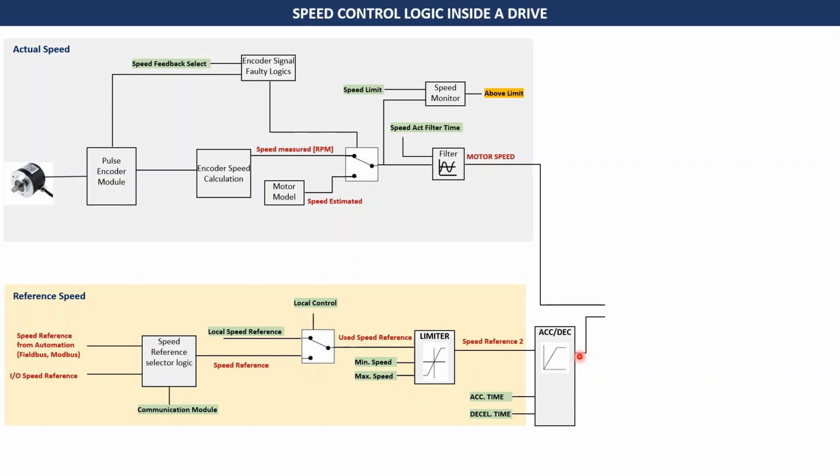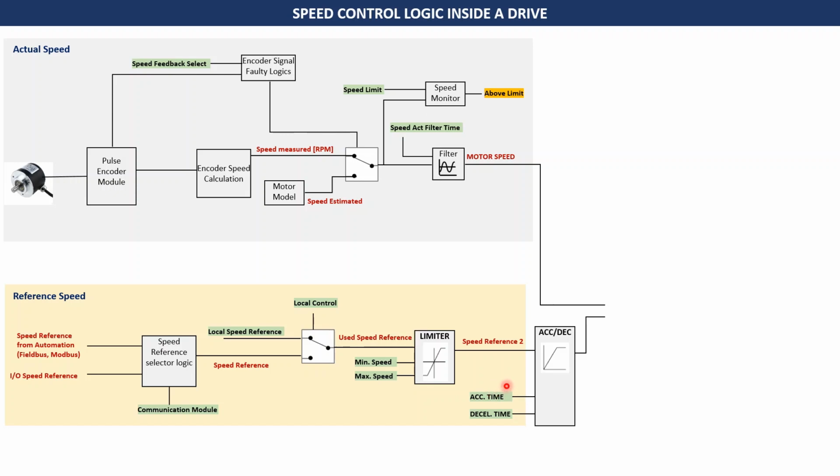If there is a step change in the reference speed, your motor will always try to react to that step change, and there will be a jerk in the motor that can also result in damage of the bearings or any other components in the motor. So it is very important to tune these acceleration and deceleration parameters. Now, what does this acceleration time mean?